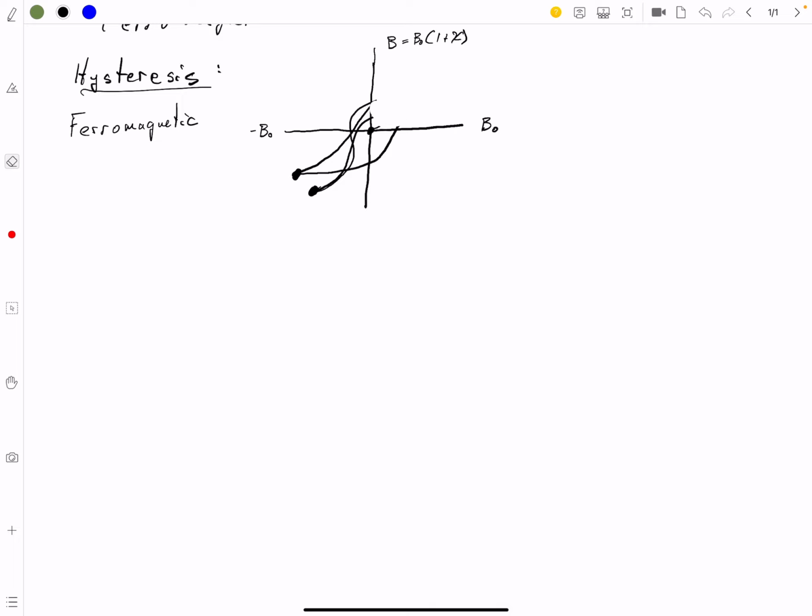Well, the only time that the ferromagnetic had no net magnetic field coming out of it was at the very beginning, at the origin. That's the only time. So how do you get something degaussed such that it doesn't have a magnetic field in any direction?